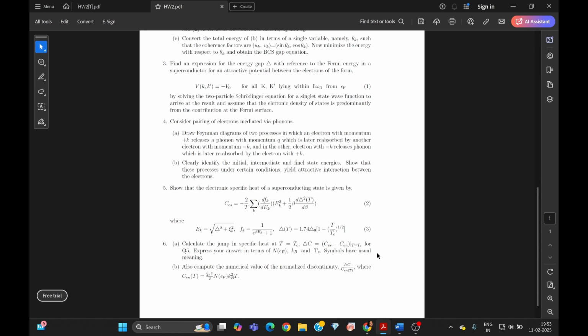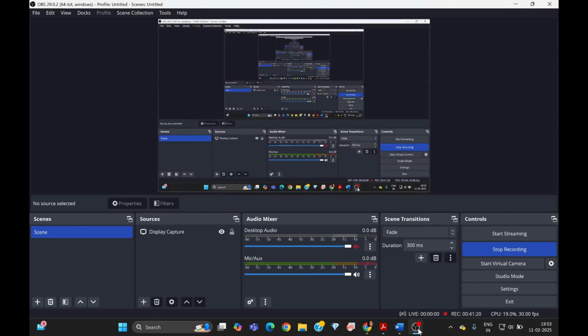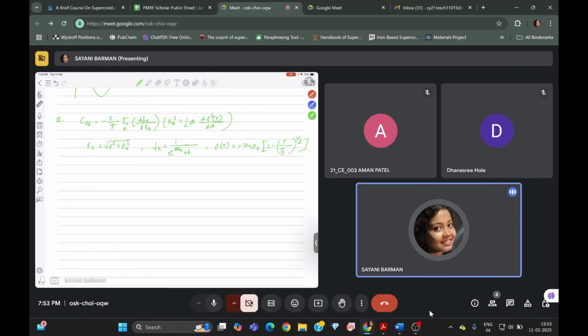Now you all know that the specific heat in a normal metal, without a superconducting condition, will be 2 pi square by 3 N of the Fermi energy kB square T. Here N is the density of states at the Fermi level, kB is the Boltzmann constant, T is the temperature.